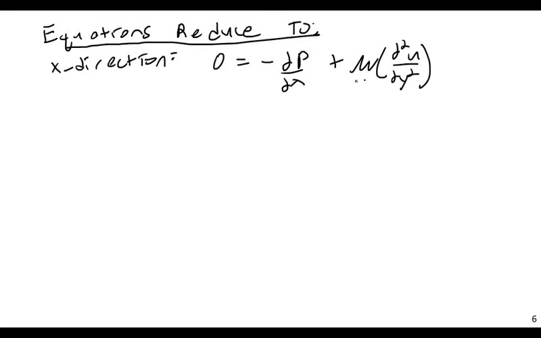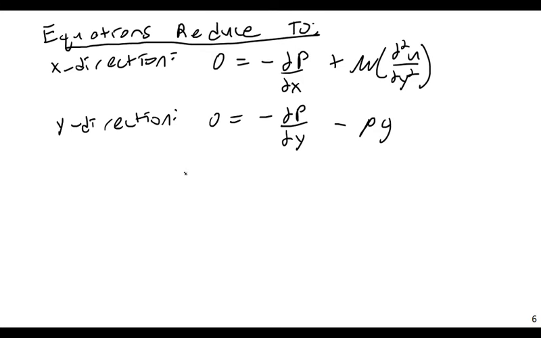Everything else drops away to 0. In the y direction, I'm left with 0 equals negative partial of p with respect to y minus rho g. And 0 equals negative partial of p with respect to z. This is the z direction Navier-Stokes equation.